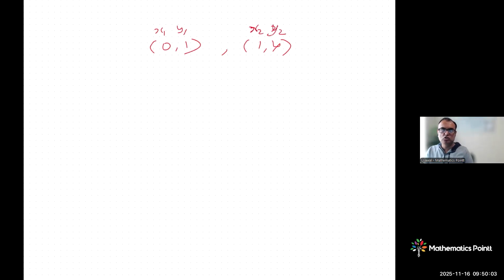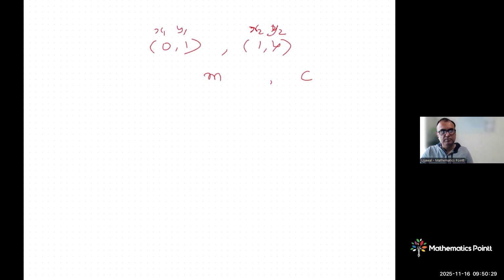I want you to calculate the equation of the line. That means you need to find the slope and you need to find the y-intercept for me, and job done. Y equals to 3x plus 1. Let's quickly do it.